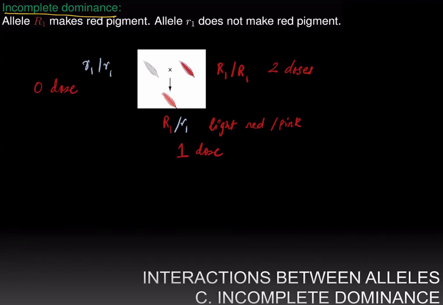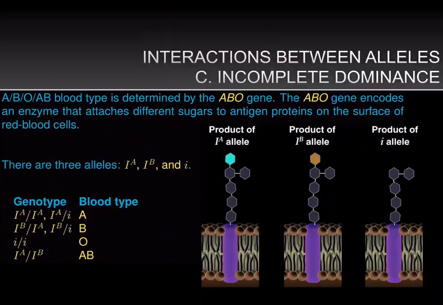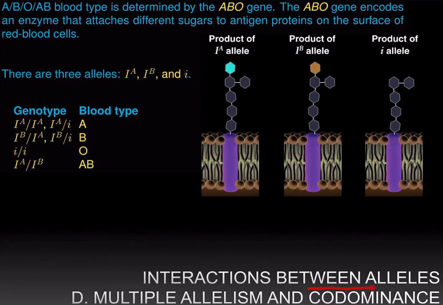The next type of interaction between the alleles of the same gene is something called codominance. Now, the best example of codominance is the ABO gene and human blood types. There are 4 major blood types: A, B, O, and AB.